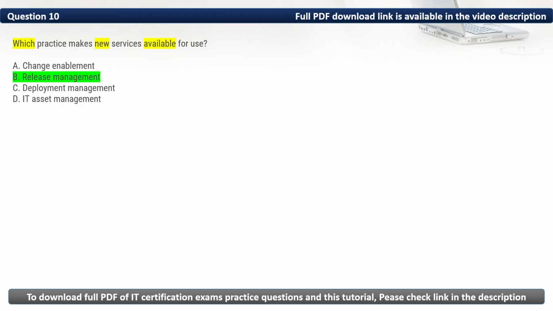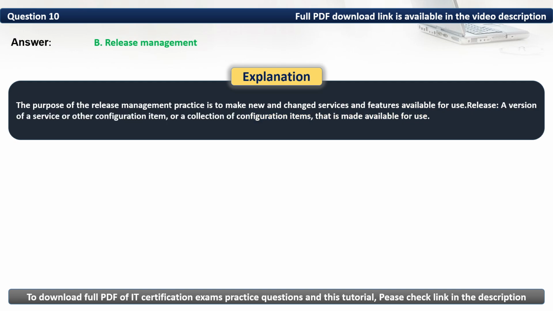Thus, the correct option is B. The purpose of the release management practice is to make new and changed services and features available for use. Release: a version of a service or other configuration item or a collection of configuration items that is made available for use.